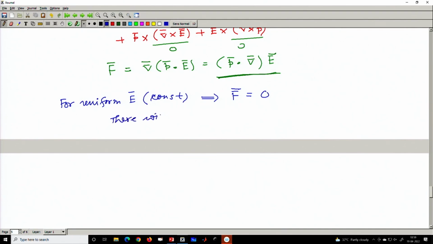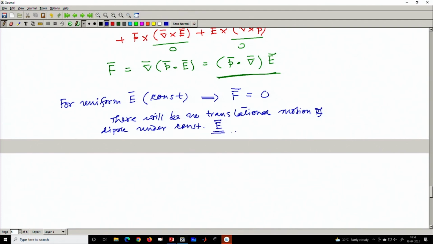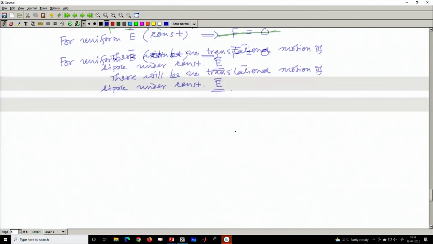There will be no translational motion of dipole under constant E. But what about the torque?